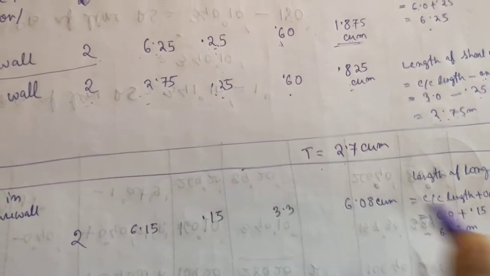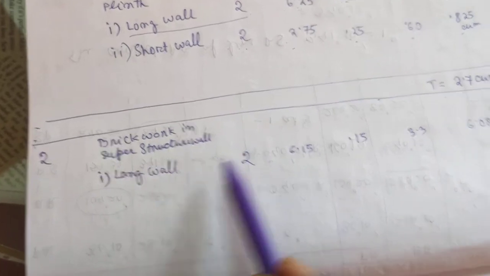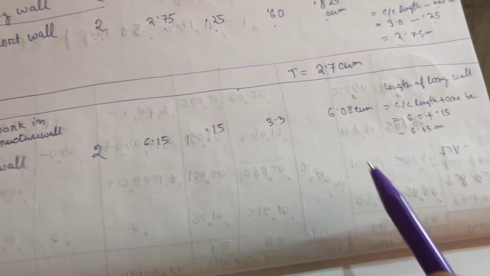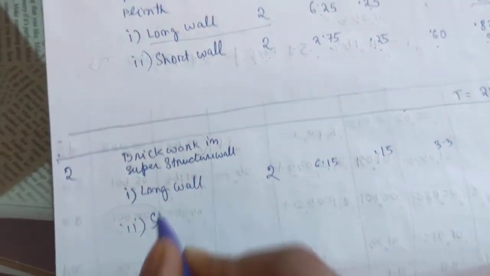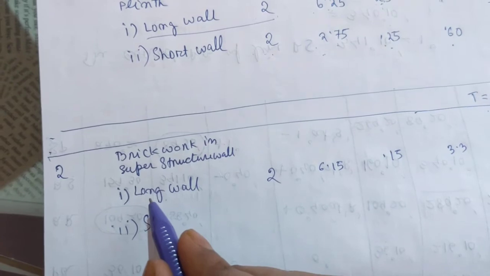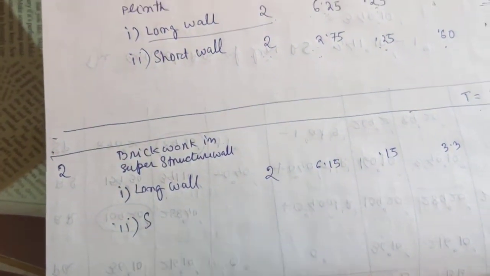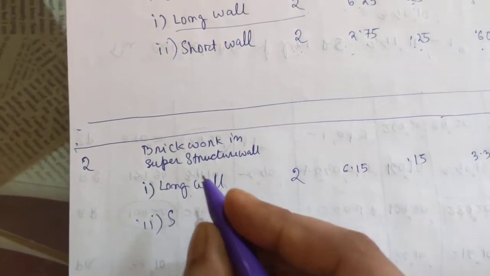The quantity comes out to be 6.08 cubic meter. So for the long walls of brickwork in superstructure, the quantity is 6.08 cubic meter. For every item, we need to find out the quantities for the long wall and short wall separately. That's why this method is called separate wall method or long wall short wall method.